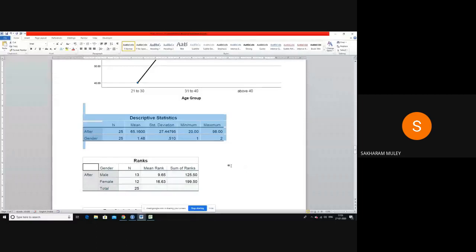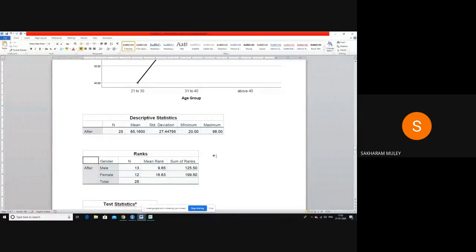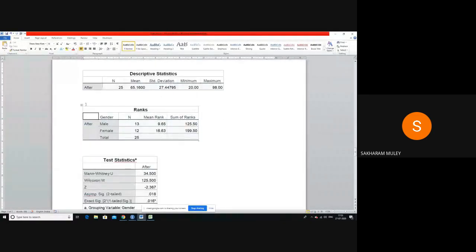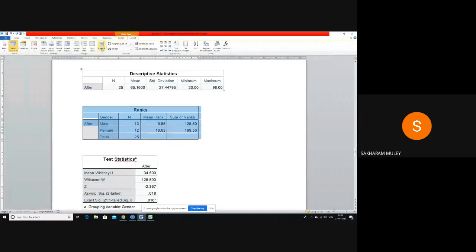It gives you the mean and standard deviation of the after score, and it also gave the mean and standard deviation of gender. The mean and standard deviation of gender is of no use, because we don't calculate a mean and standard deviation of male and female. Here it is, this is the essential one: we talk about mean rank. How is this mean rank being calculated?